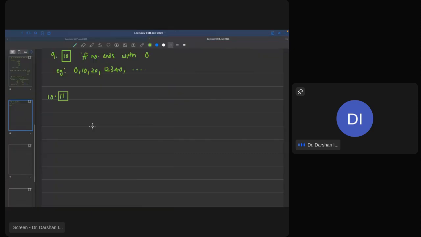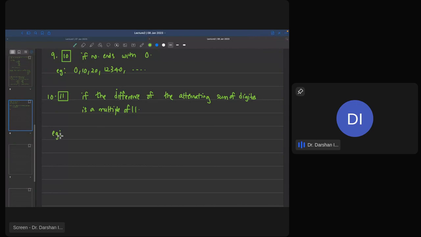Yes, welcome Akshay. For divisibility by 11, the idea is, this is again a little bit odd: if the difference of the alternating sum of digits is a multiple of 11. Now, how do I say that? Let's take an example to understand this.